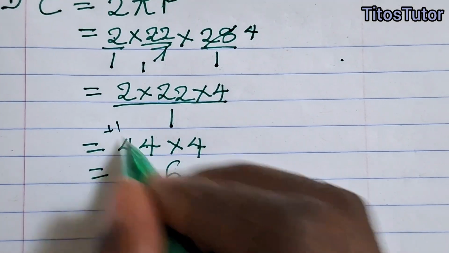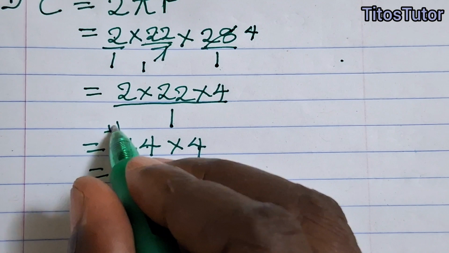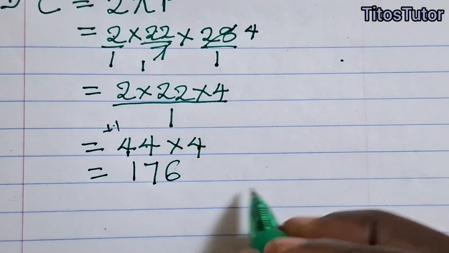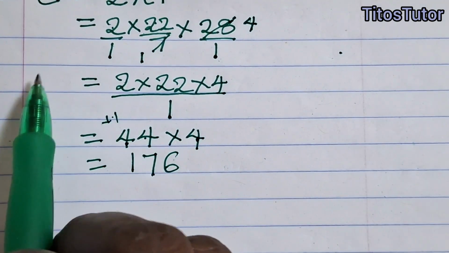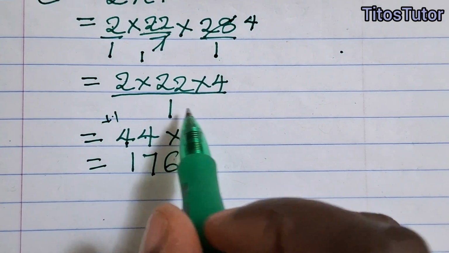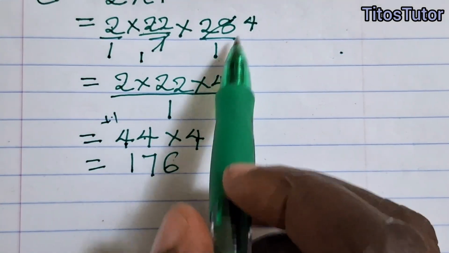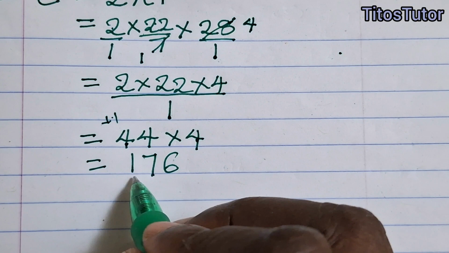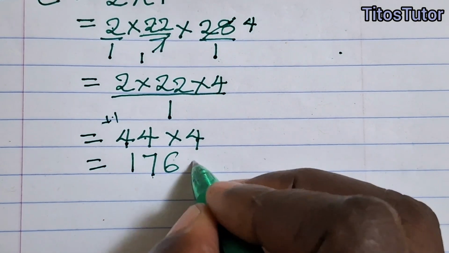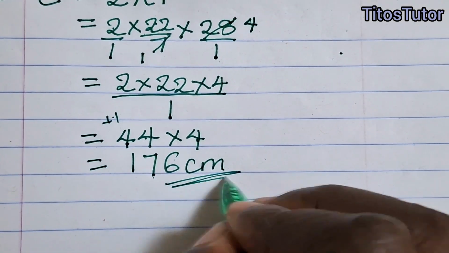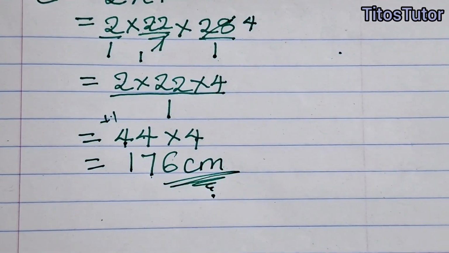I put a plus 1 here. 4 times 4 is another 16 plus this 1, 17. So my final answer for circumference of that wheel that has 28 cm as its radius is 176 cm. And I am done.